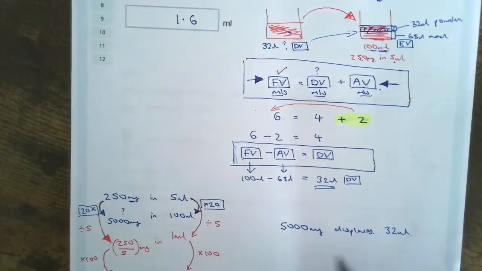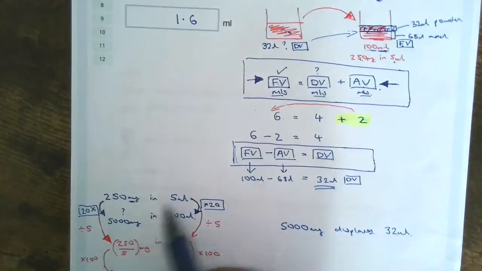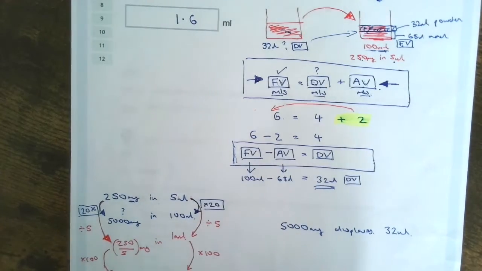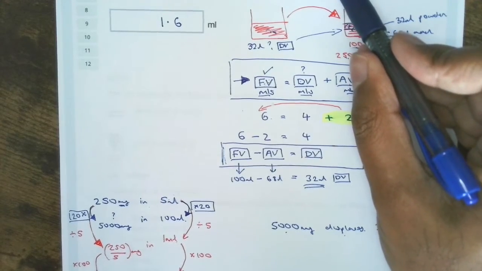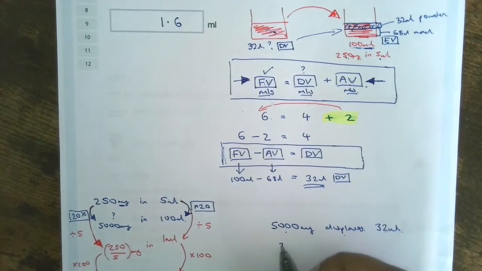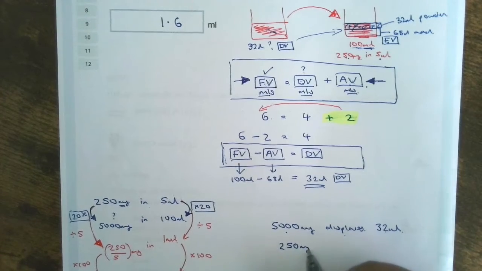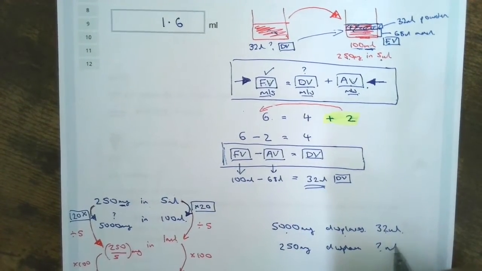And we calculated how much powder's in this mixture by taking the concentration and working it out for the final volume. So if we know that 5,000 milligram displaces 32 mil, the question's asking us how much will 250 milligrams displace. So 250 milligram displaces how many mils?